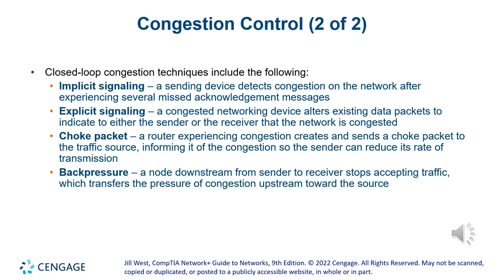So it's like you need to back off a little bit because there's something happening on the network. So that's explicit signaling. The choke packet is a little bit smarter. When there's a congestion, it would actually send back automatically a choke packet to the source to tell the source, hey, there's a congestion here, you need to reduce your rate. So force them to slow down the traffic because you're flooding my interface. So I'm going to send a choke packet to do that.